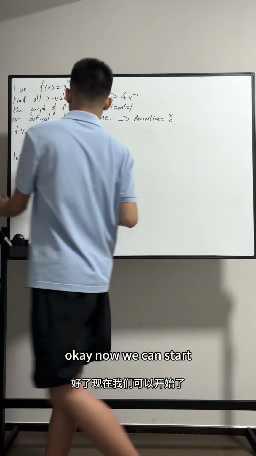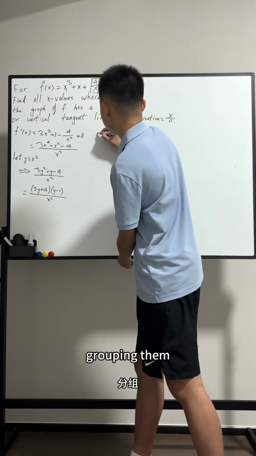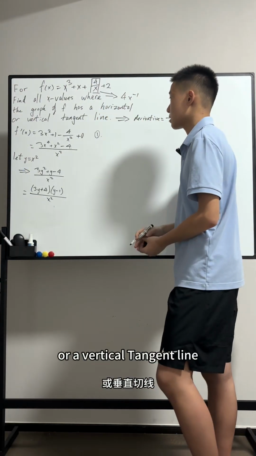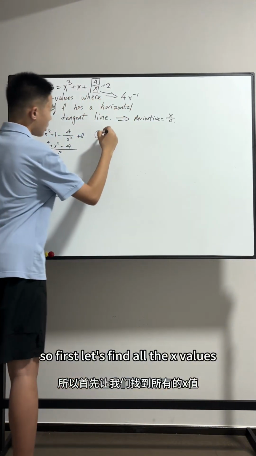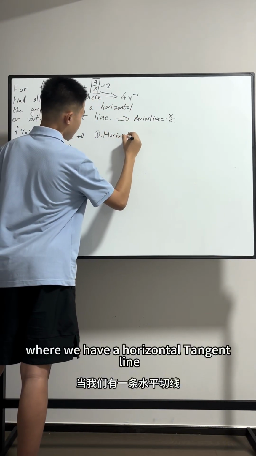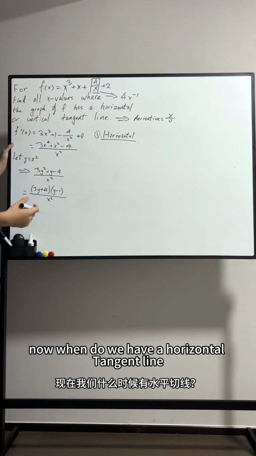Okay, now we can start grouping them for when we have a horizontal tangent line or a vertical tangent line. So first, let's find all the x values where we have a horizontal tangent line. Now, when do we have a horizontal tangent line?